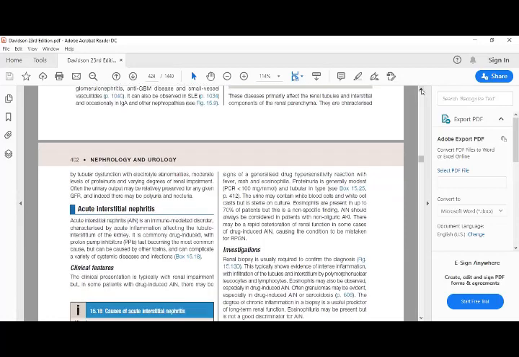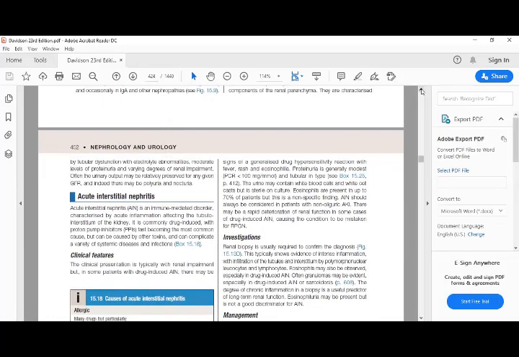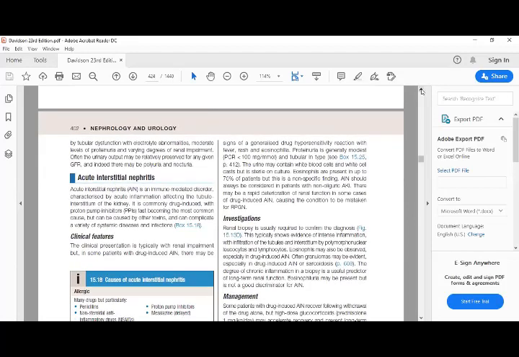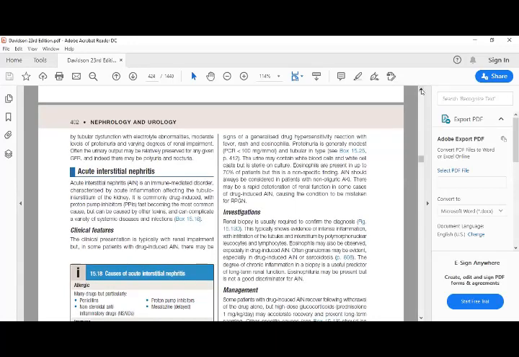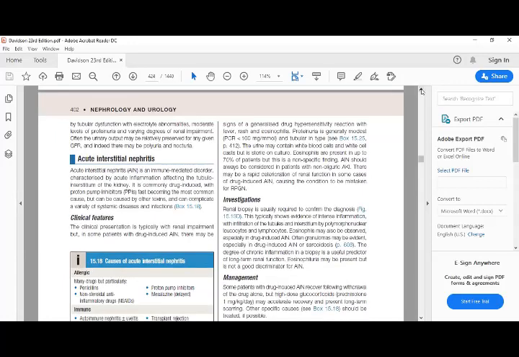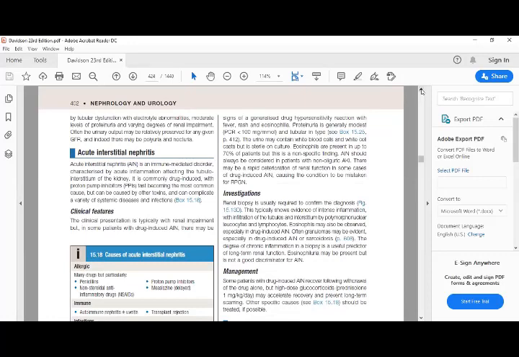Acute interstitial nephritis is an immune-mediated disorder characterized by acute inflammation affecting the tubulointerstitium of the kidney, the renal tubules and the interstitium. It is commonly drug-induced, with proton pump inhibitors fast becoming the most common cause, but can be caused by other toxins and can complicate a variety of systemic diseases and infections.